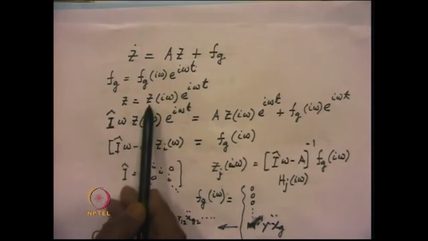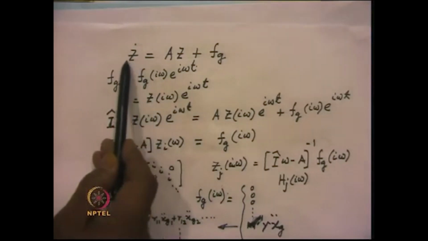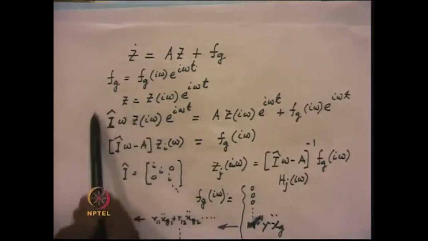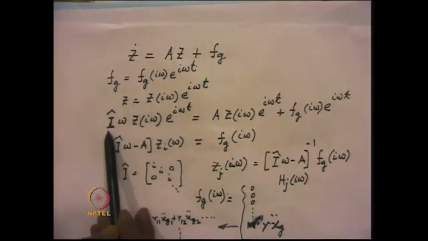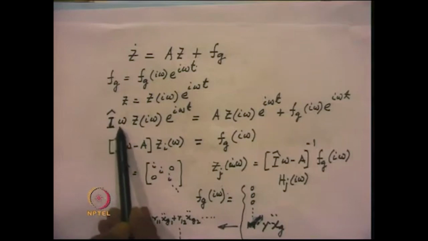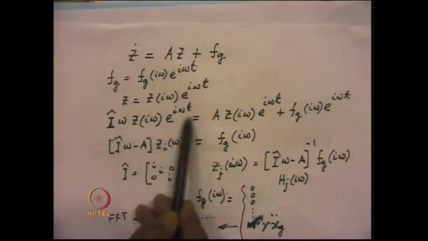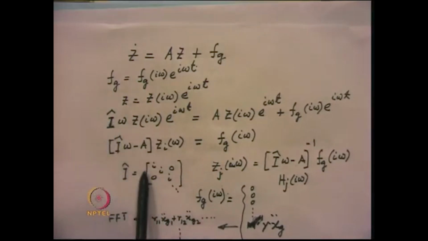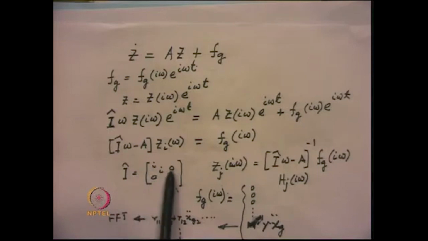Now, if we substitute this into the equation, that is, we differentiate this once, the differentiated form will be equal to I cap omega Z(i omega) e to the power i omega t, where I cap is nothing but a matrix with all diagonals as the imaginary quantity i and the non diagonal components all 0.